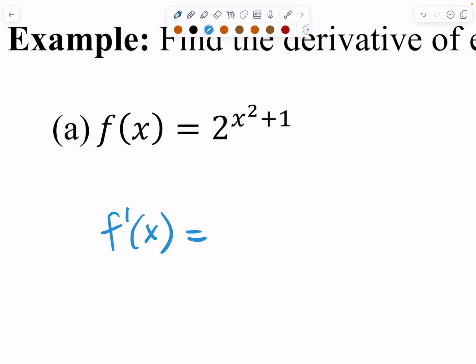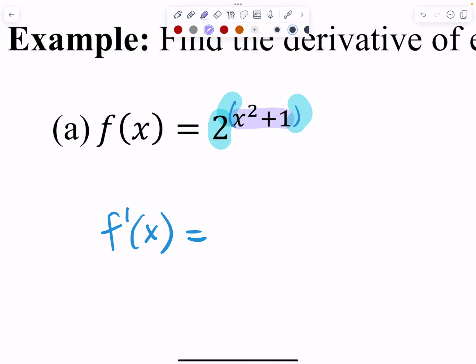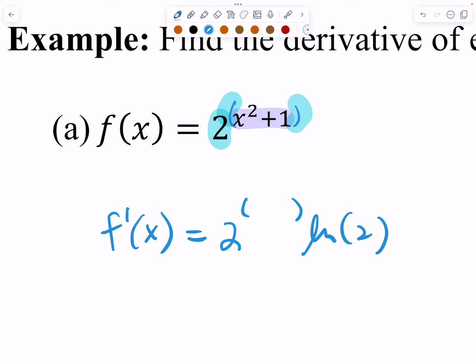So we need to think chain rule here, because this is a little bit more complicated, like 2 to the power is the outside function, and then the x squared plus 1 being the inside function. So thinking about the derivative of the outside function, that would be 2 to a power times ln of 2, right? 2 to a power times ln of 2.